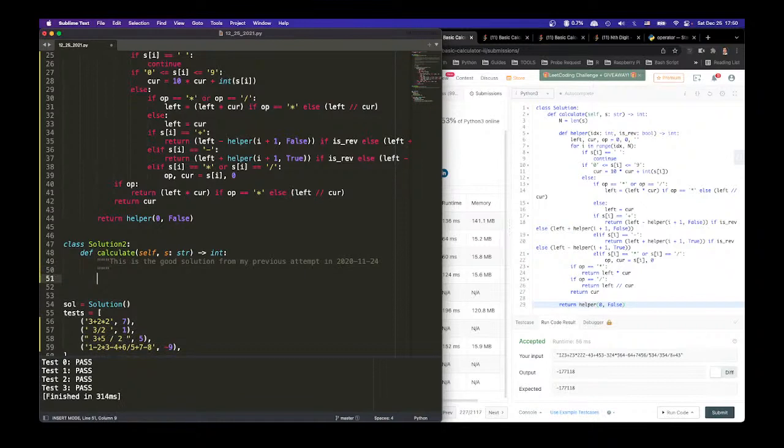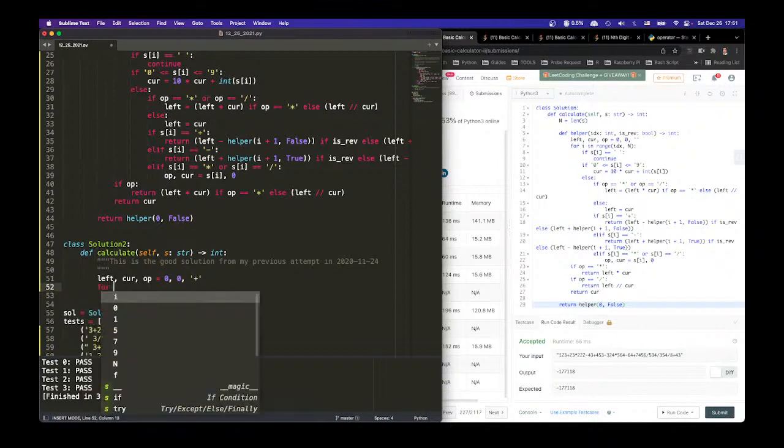Okay, so what we're saying is we're going to have a current value, and I like to say left, current, and op. So 0, 0, and op starts as a plus, right? Just to make it work.